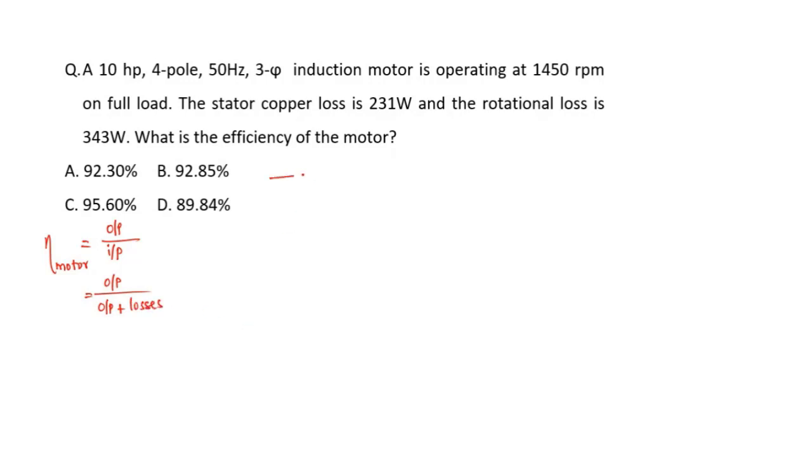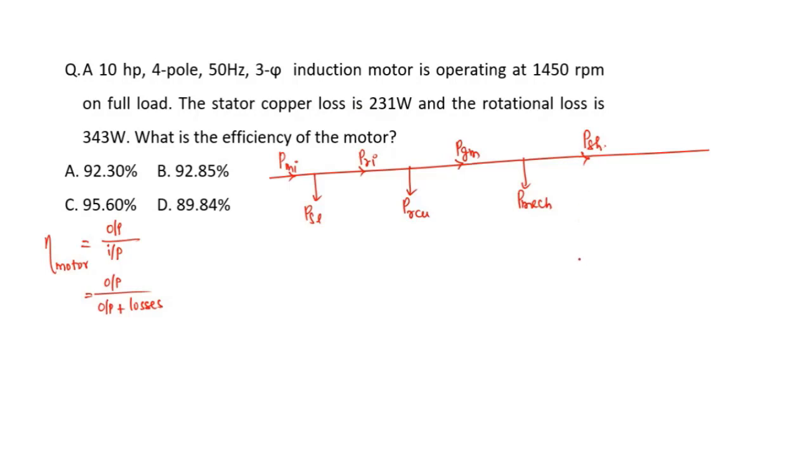Okay. So if you look at the power flow, it will be motor input minus stator losses, and this will be rotor input, minus rotor losses, and this is going to be gross mechanical power, and then you can call it the mechanical losses, and we'll have the shaft output power.